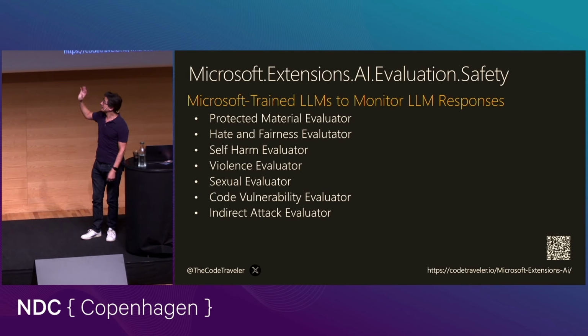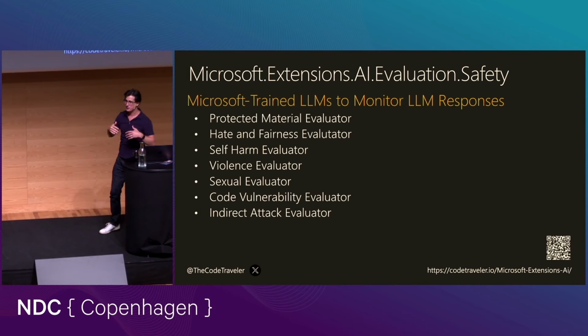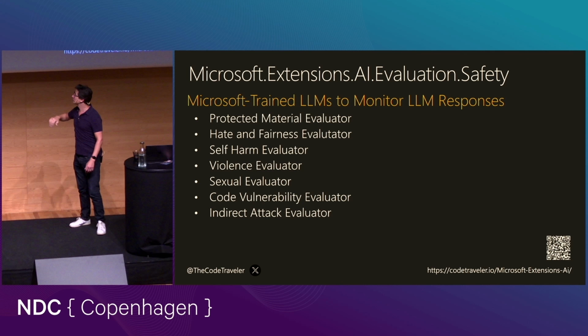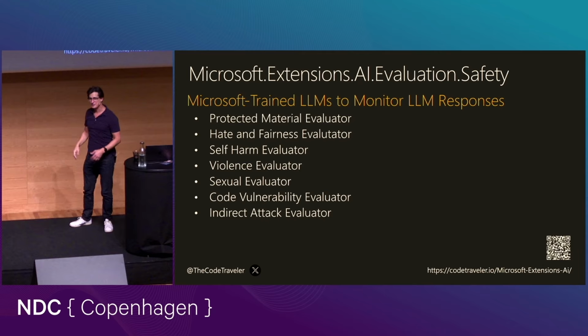And again, what Microsoft has done is train a bunch of LLMs on how to detect this stuff. So just like with our equivalence evaluator, our coherence evaluator, and our quality evaluators, these basically work the same way. Although there are some cool ones like code vulnerability. I wonder how good that is, right? Does it really know if I write code that's vulnerable? Maybe I could just use this to unit test my whole code base?